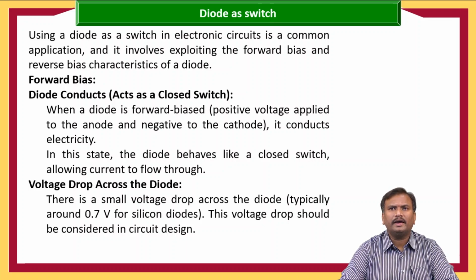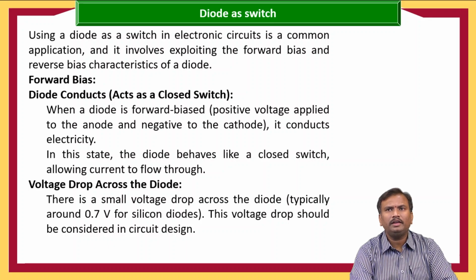Now, using a diode as a switch in electronic circuits is a common application, and it involves exploiting the forward bias and reverse bias characteristics of the diode. Under forward bias condition, positive voltage is applied to the anode and negative voltage is applied to the cathode. It conducts electricity. In this state, the diode behaves like a closed switch, allowing current to flow through.